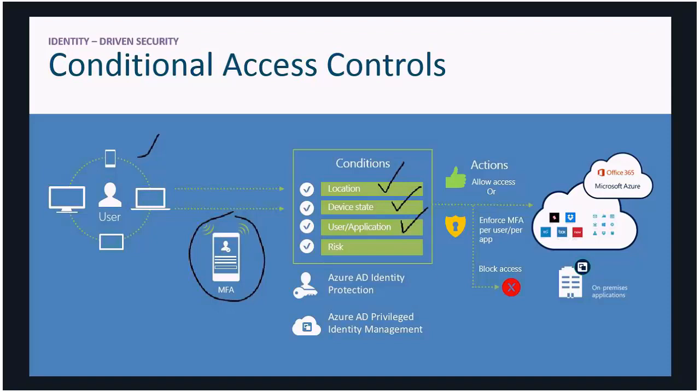And a function that comes in under Azure AD Plan 2 is a risk-based score. I like to think of this, and we'll talk about it more later, as your FICO score as a user. At any point in time, your FICO score can go up or down based on various factors, whether you took out a new loan, or your credit card bill is overdue, or you didn't pay your electricity, or you recently got married.